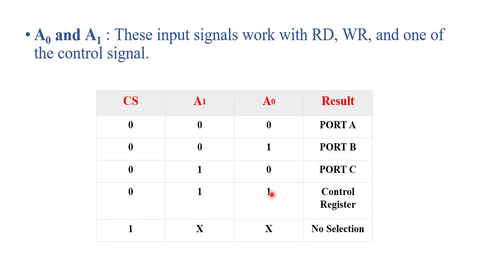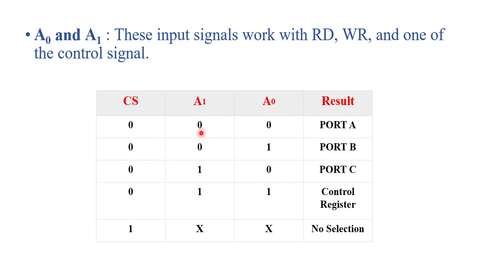So here I explain the port address line combination. These lines select the port of 8255 along with the chip select pin. When the chip select pin is low, it means it is active. The 8255 gets selected, and the port is selected by A1 and A0.